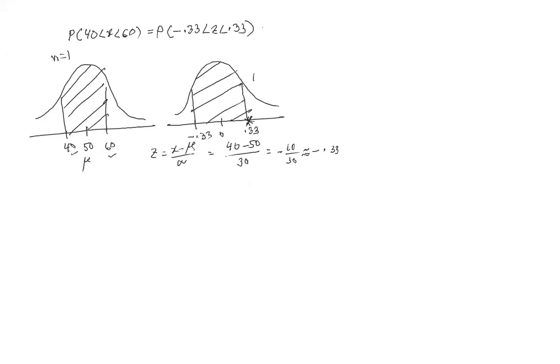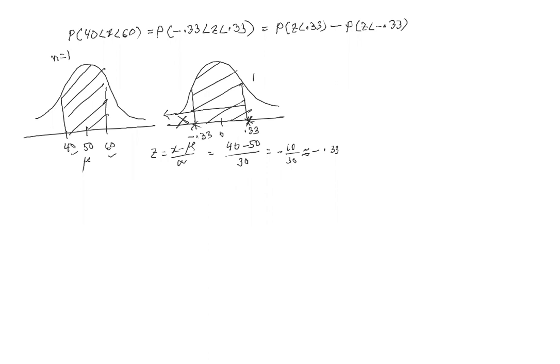So this is the same as the probability of z less than 0.33, which is going to give you all the area to the left, but you don't want this area, the unshaded region. So you have to subtract that from it. And remember, if you look at the probability of z less than negative 0.33, then you're going to be looking at only the unshaded region.